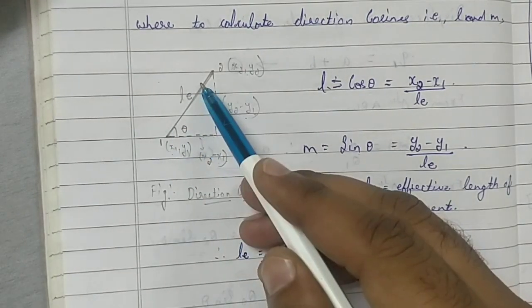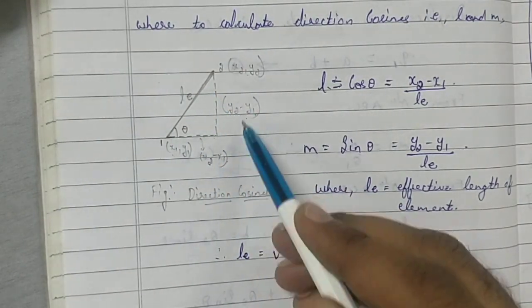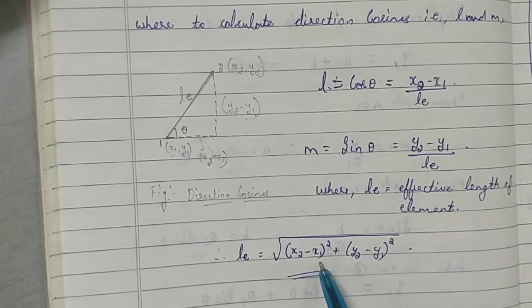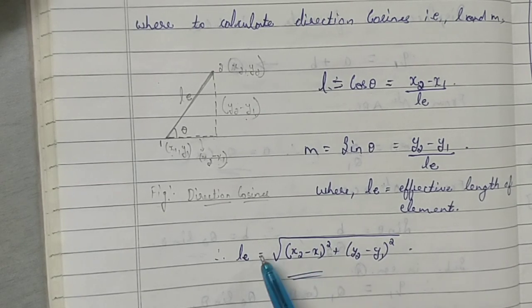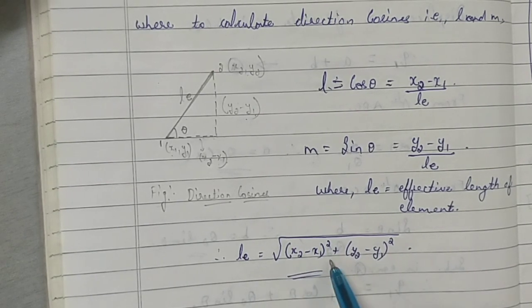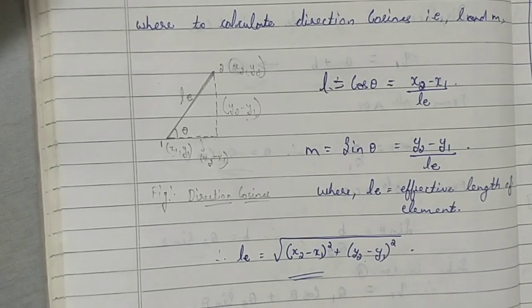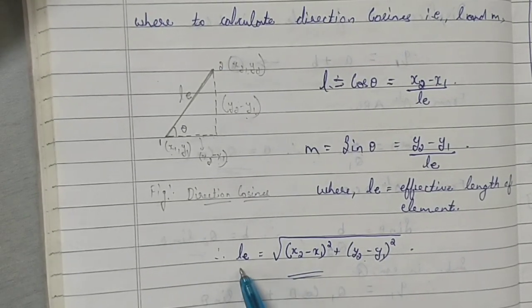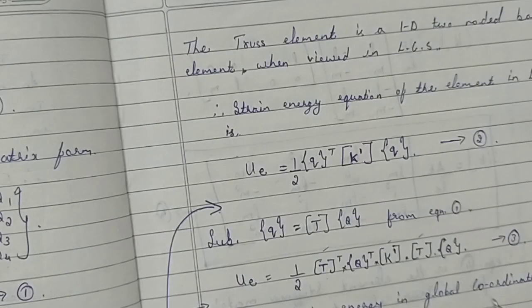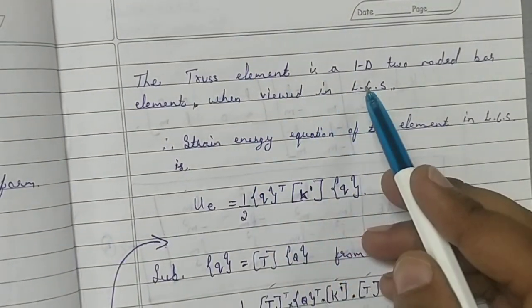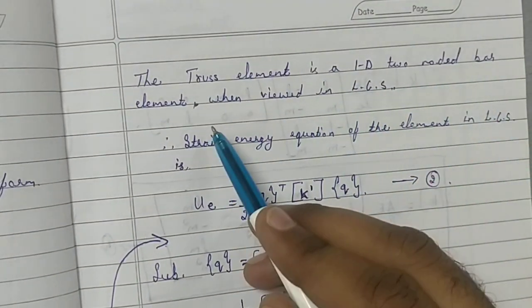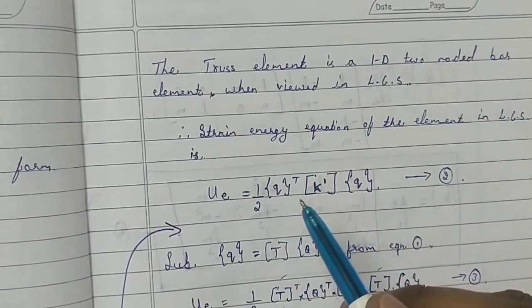Square of the hypotenuse is equals to sum of the squares of the other two sides. So LE square is equals to x2 minus x1 whole square plus y2 minus y1 whole square. So LE equals root of x2 minus x1 whole square plus y2 minus y1 whole square. So this is how you got the length of the element LE. Next, the truss element is a 1D two-noded bar element when viewed in local coordinate system.